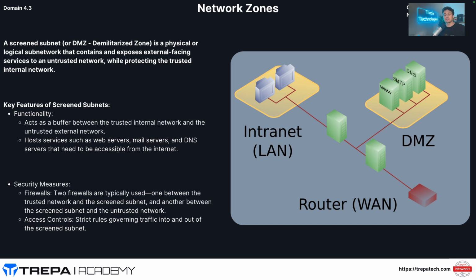So functionality. It acts as a buffer between the trusted internal network and the untrusted external network. So firewalls, typically you have two firewalls. You can have just one and then do some logical segmentation. But if you want a full setup, right, a lot of hardware, two firewalls are typically used, one between the trusted network and the screen subnet, and another between the screen subnet and the untrusted network.